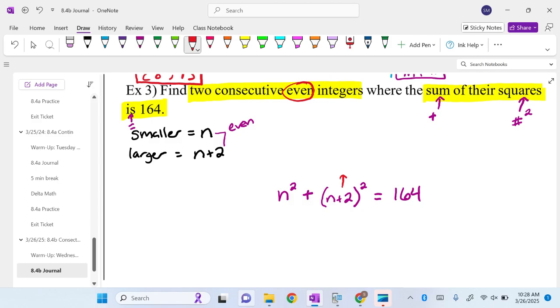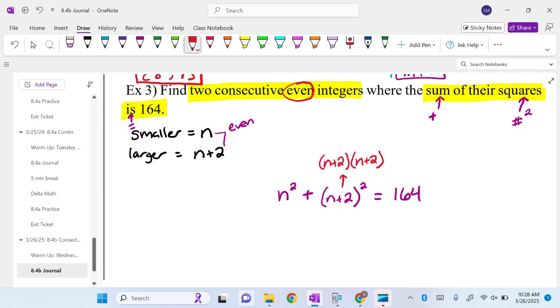So guys, if I'm squaring the entirety of n plus 2, what does it mean to square something? Close. It would be n plus 2 times n plus 2.